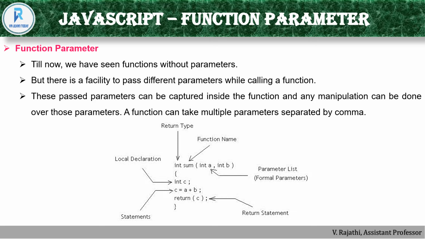A function can take multiple parameters separated by commas. Here I am just taking the example from C, so don't confuse. Actually, the int data type is not available in JavaScript. I am just showing the parameters and have just taken that image. A, B are the parameters.